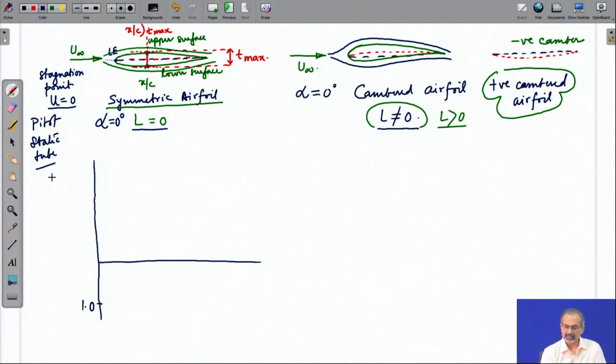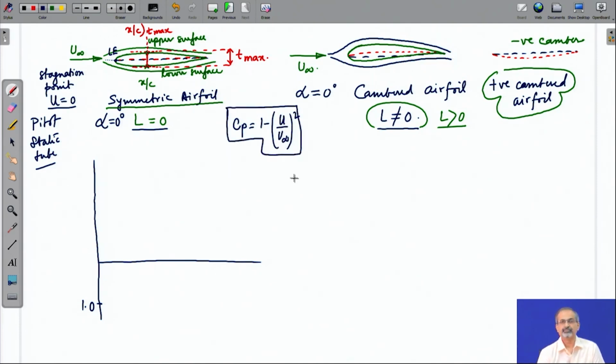and consequently the pressure coefficient, if you consider it to be defined for incompressible flow, will be given by this expression which we studied earlier, and therefore, Cp becomes equal to 1 whenever you have stagnation.